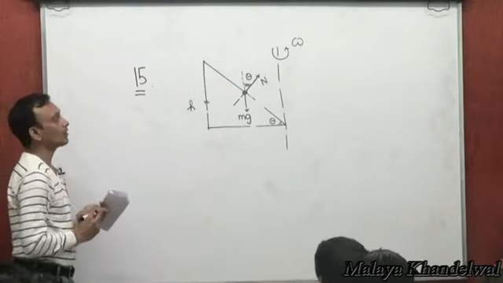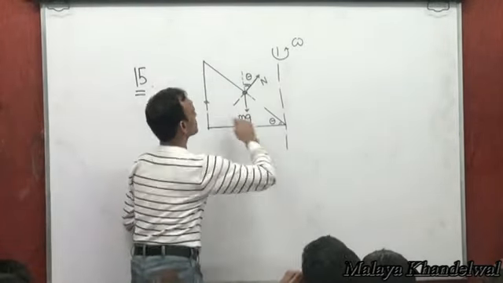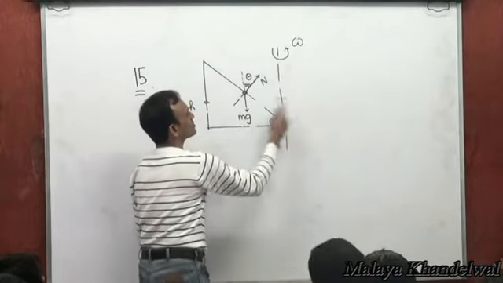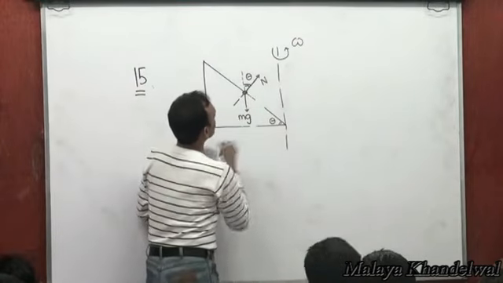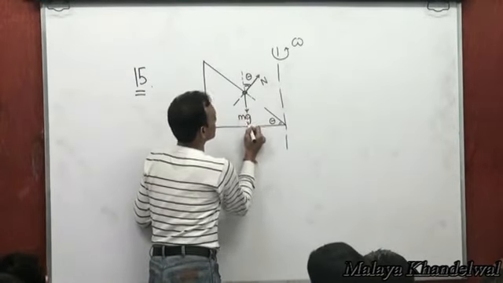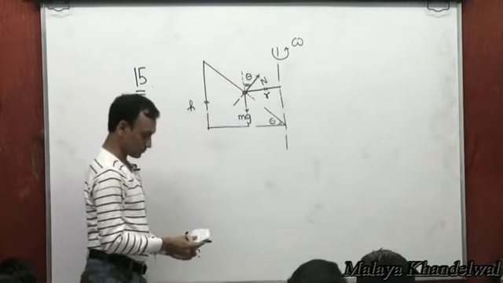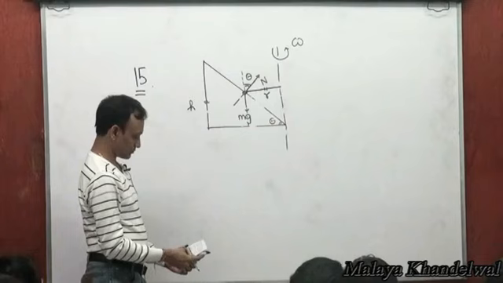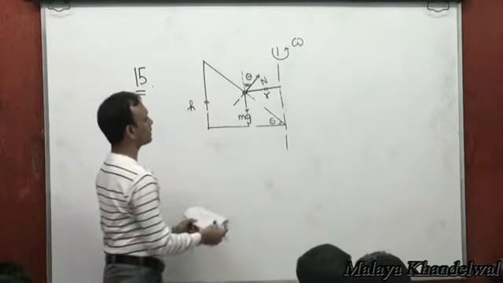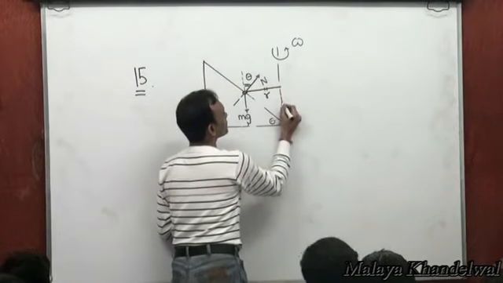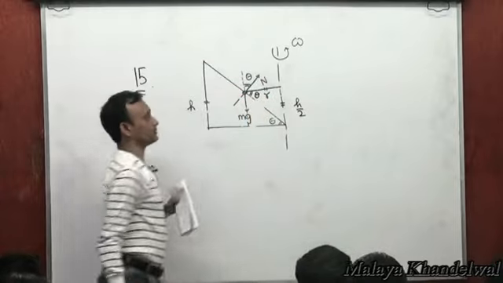Right? In this case, when this prism is rotated with an angular velocity about this point, then mg moves in a circle of radius r, middle, means this is h by 2, right?